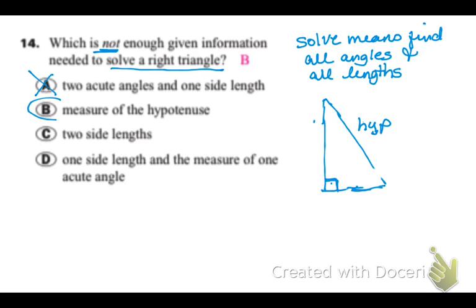So the answer is B. If you have just the measure of the hypotenuse, you cannot solve a right triangle. If you have two side lengths and that one angle, you can figure it out using trig. And again, with one side length and the measure of one of the other acute angles, you can use trig. So B is the correct answer for 14.